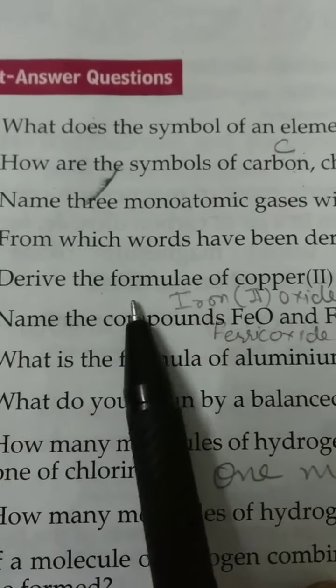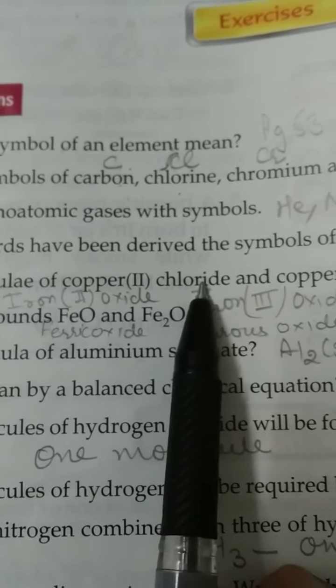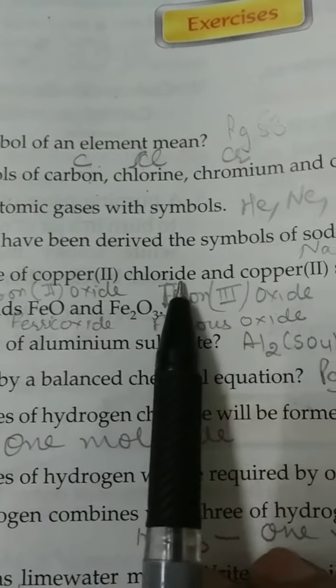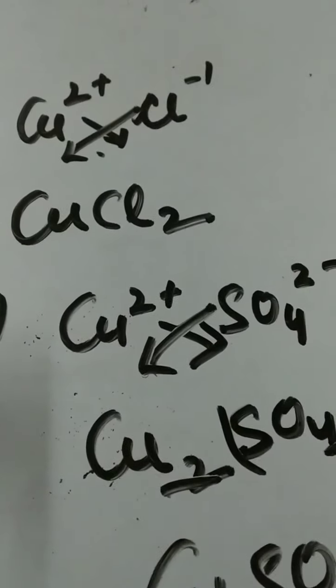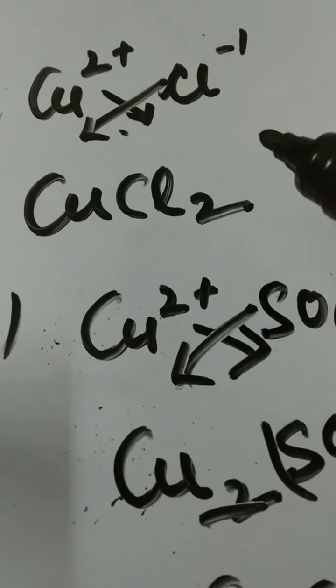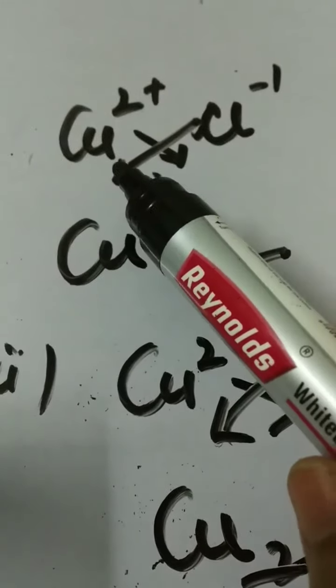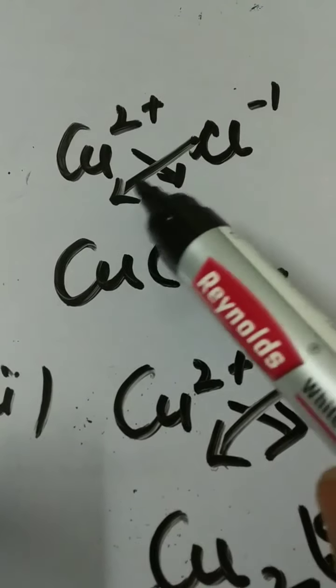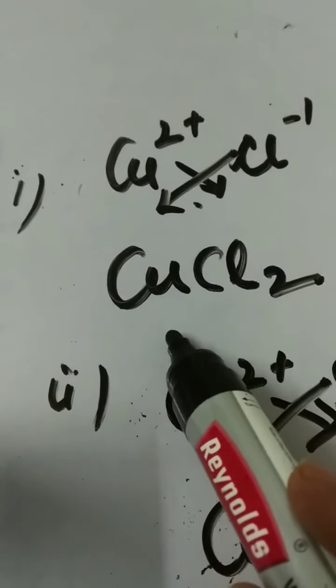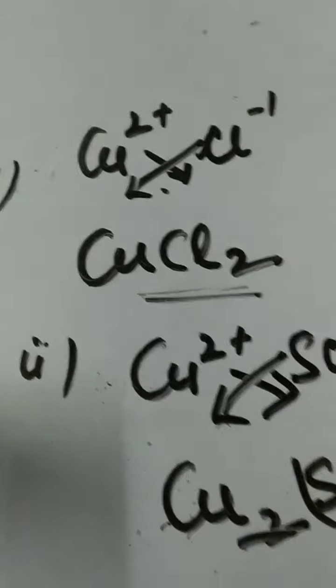Fifth, derive the formula of copper 2 oxide, copper 2 chloride and copper 2 sulfate. Copper 2 chloride: valency of copper is 2 positive and valency of chlorine is 1 negative. Transposing the valencies, we get the formula CuCl2.